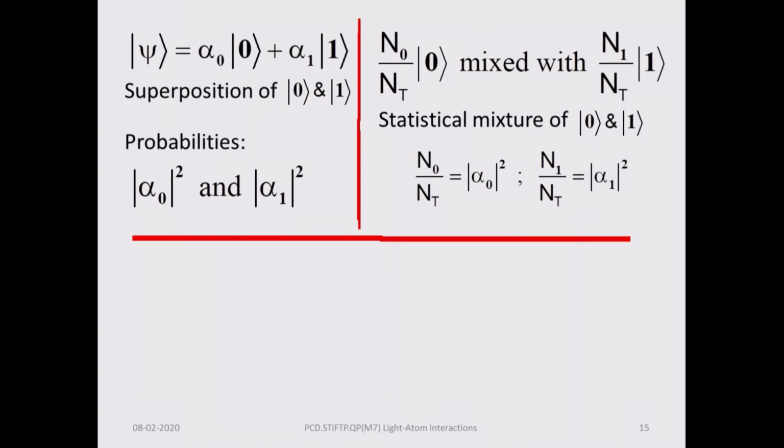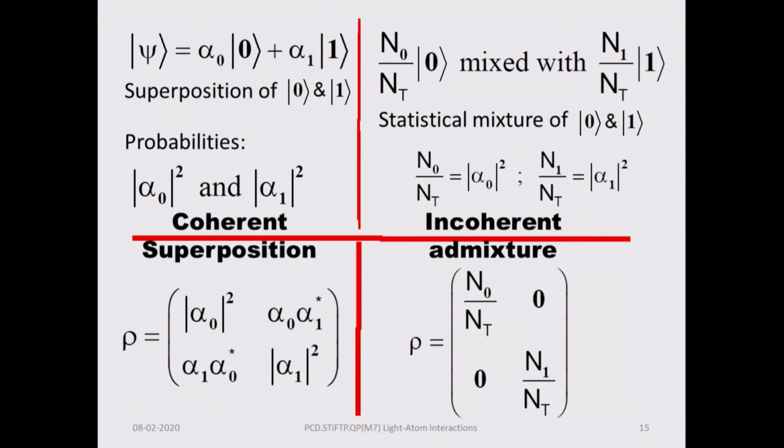So, it will impact the density matrix. For example, if you express the density operator in the basis of coherent or incoherent basis, then the density matrix will not be diagonal in the coherent superposition states, whereas it will be, because there is no interference between the two states.